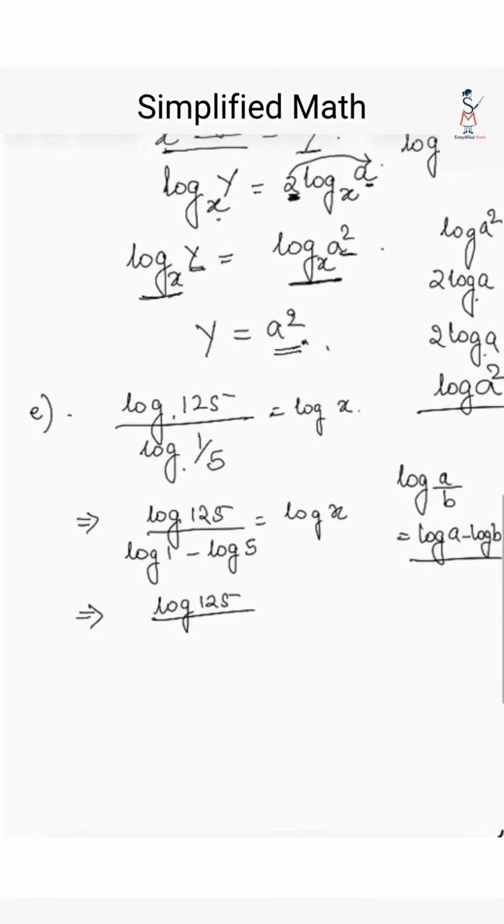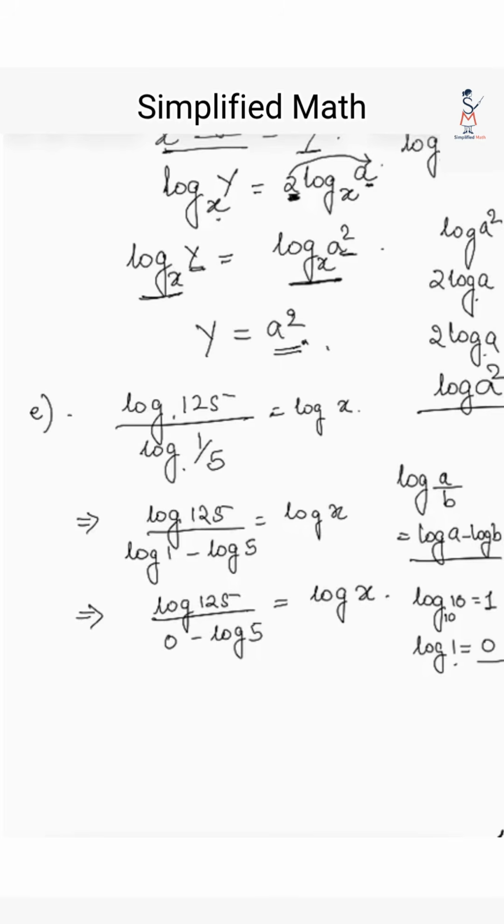Fine, these things you should remember. Log 10 to the base 10 is 1, log 1 to any base is 0. So this is 0 minus log 5 is equal to log x.